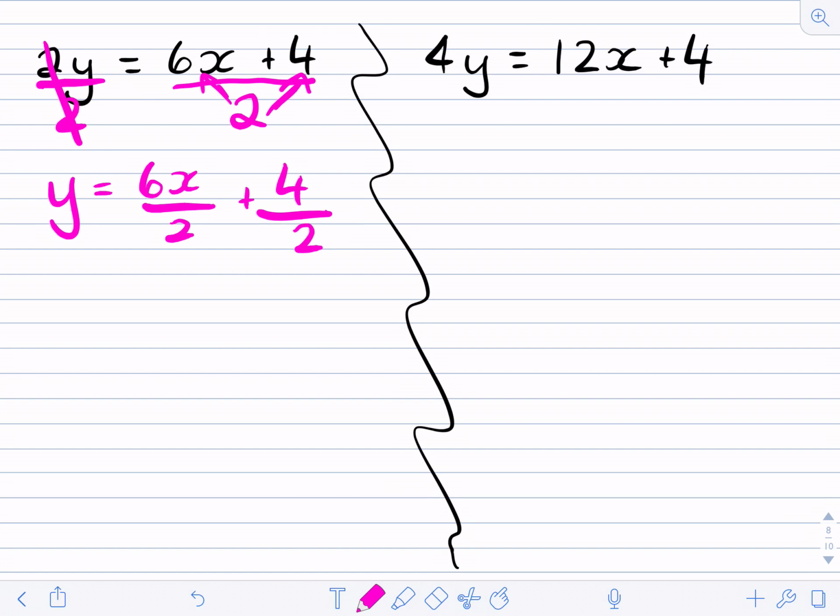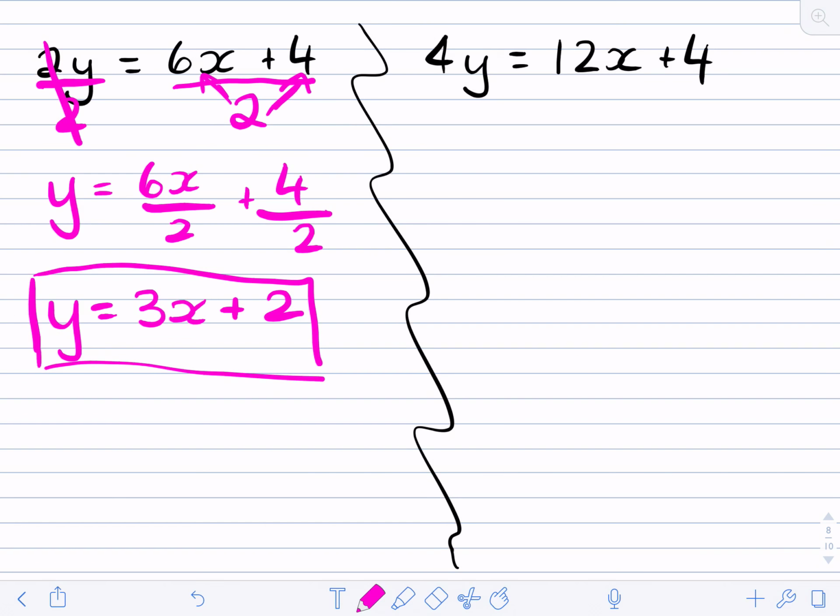And the reason why we write it separately is so that we can simplify both of these terms separately. So what we're left with is y equals 6 divided by 2 is 3, 3x, plus 4 divided by 2 is 2. We are left with the final version where y is by itself: y equals 3x plus 2.